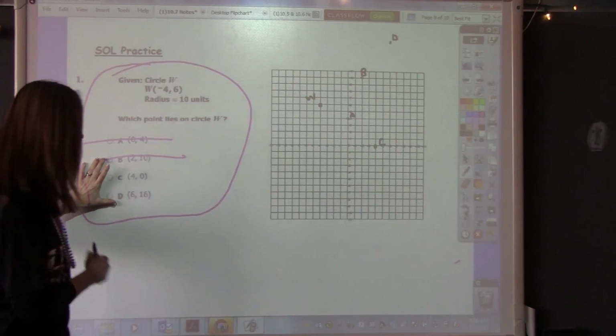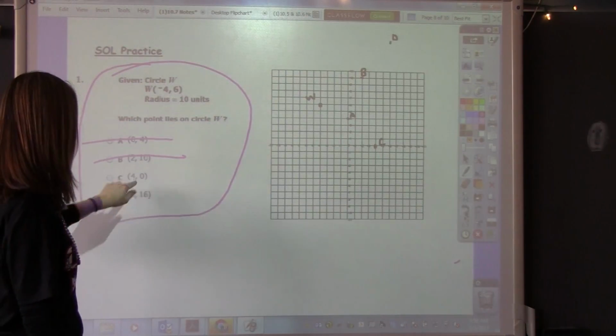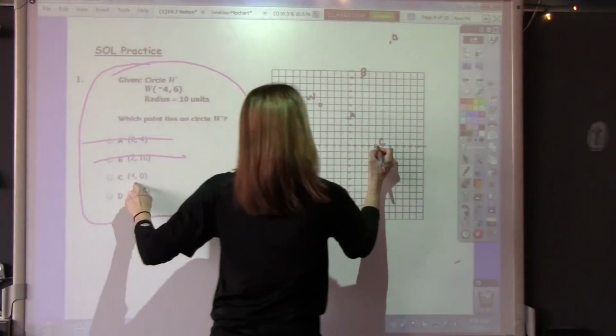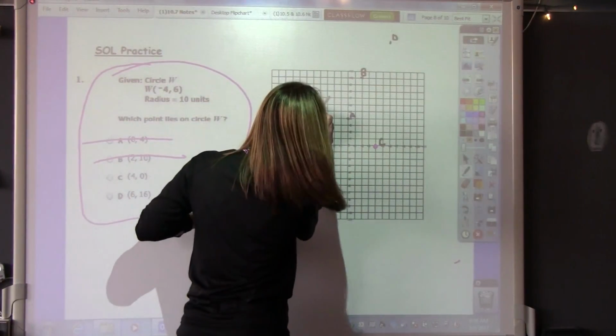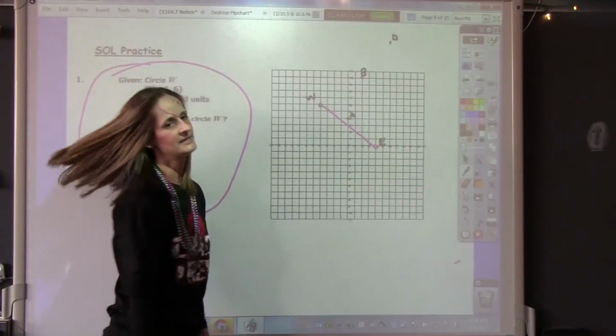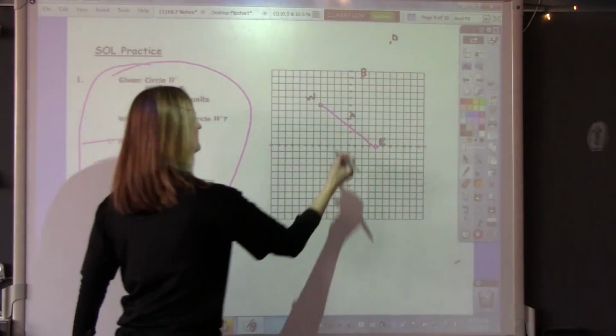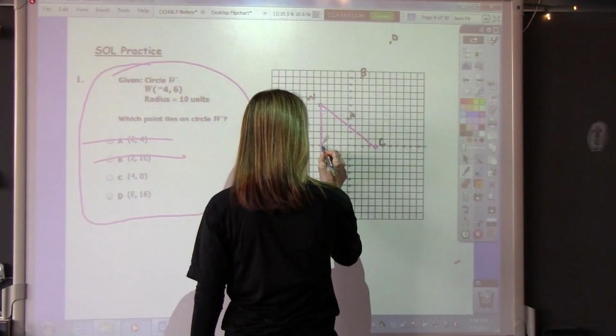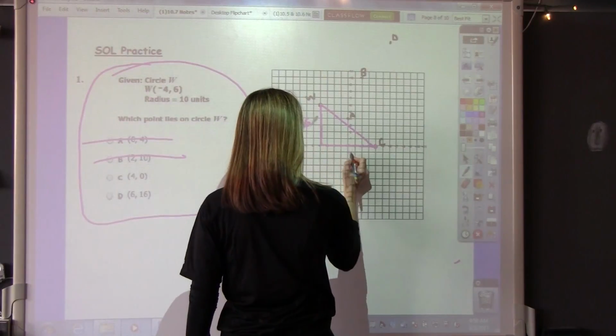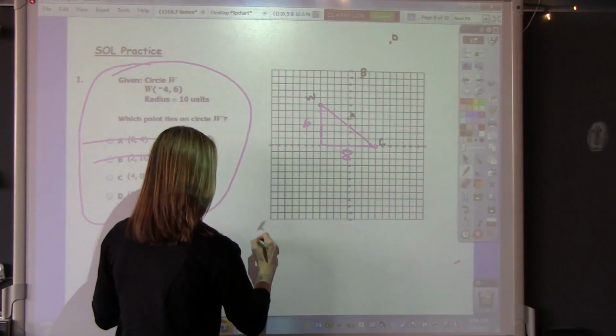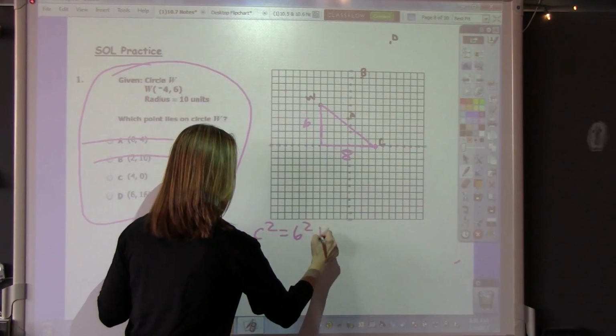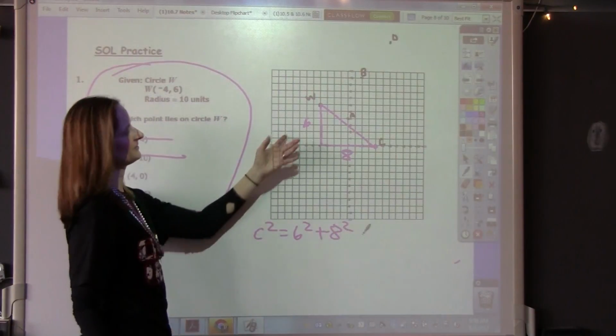All right, so we've got these 2 points here. Let's start with 4, 0. How are we going to determine if that is 10? The Pythagorean distance theorem. Brilliant. 6, 8. C squared equals 6 squared plus 8 squared. Now this is a Pythagorean triple.